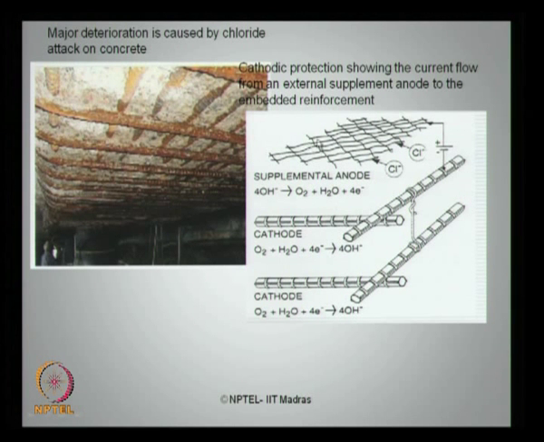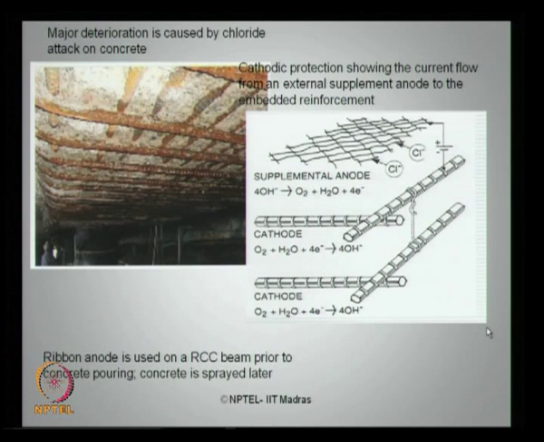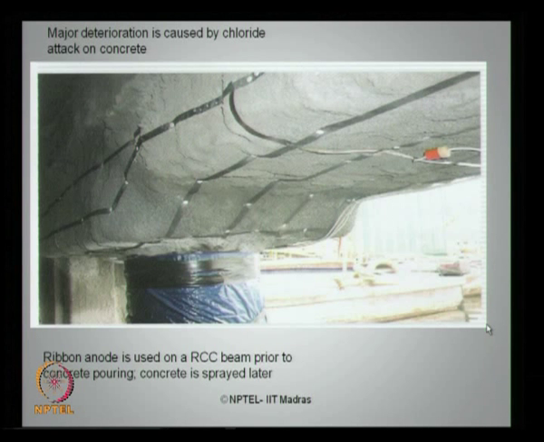So, the supplemental anode is being connected to the existing rebars which are corroded, which is becoming a cathode. That is why we call this cathodic protection. The ribbon anode is also used on RCC beam prior to concrete, as you see in this photograph. These are all ribbon anodes which have been used, therefore, they are allowed to corrode, whereas the rebar embedded inside does not corrode because it becomes cathodic.